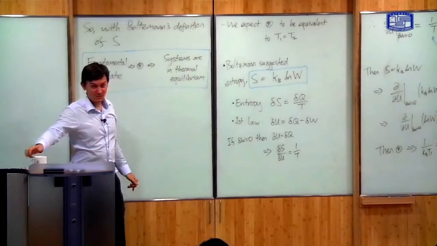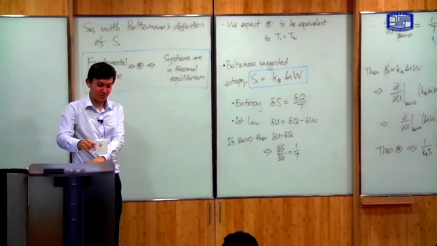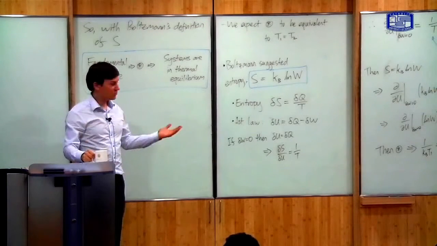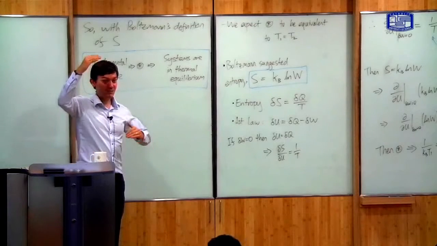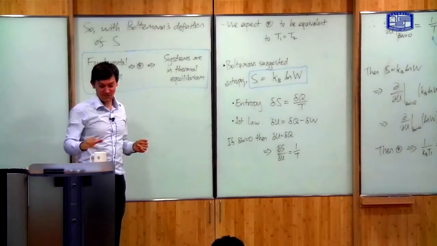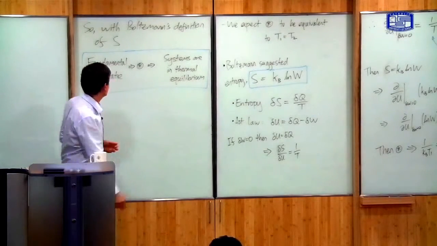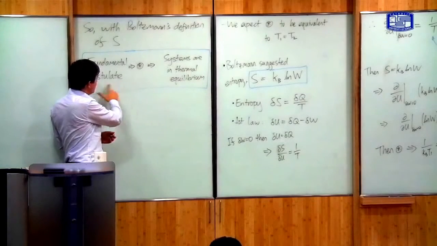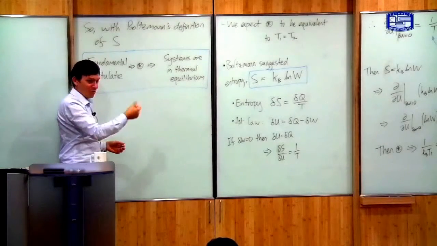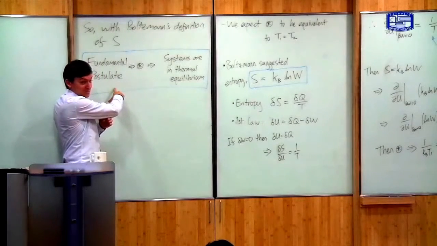For example, if I take a hot cup of coffee in a cold room, originally at say 80 degrees while the room is at 20 degrees, it takes some time for the temperatures to become equal. It will take 10 minutes or so for the coffee to become cold. This means that the fundamental postulate is not always true. It takes time for this to become true.